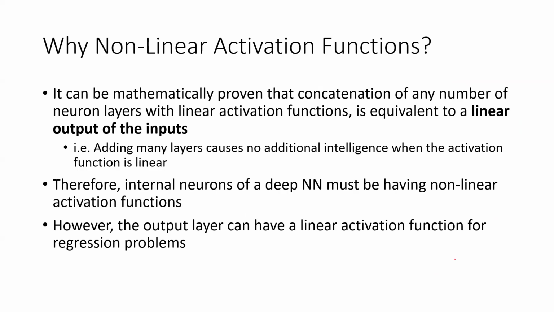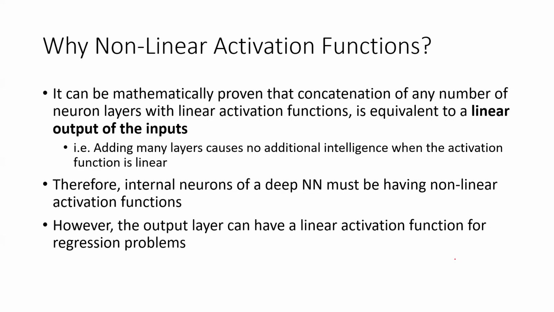That means when you are having many neurons and many layers, what you expect is that each neuron in the neural network is doing some distinct learning process, which is adding some value to the neural network, right?